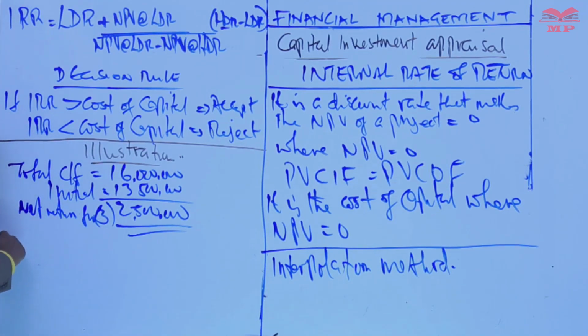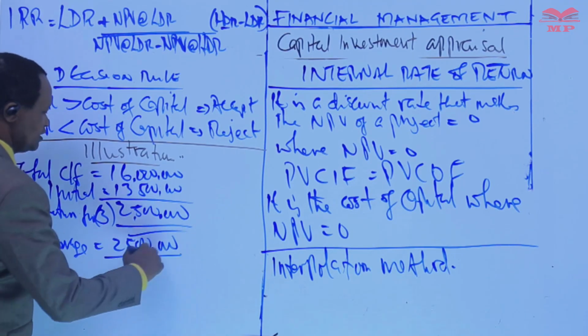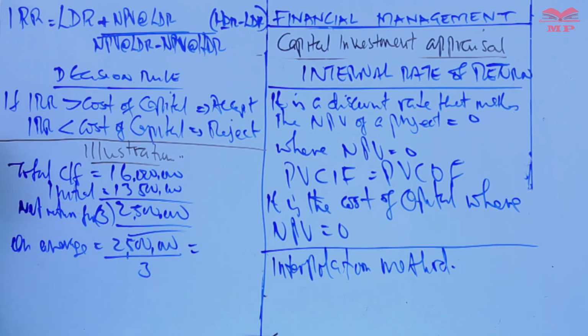So on average, the return will be the 2.5 million we divide by 3. How much is it? Averagely. This is for 3 years. If you divide by 3, what is the amount?